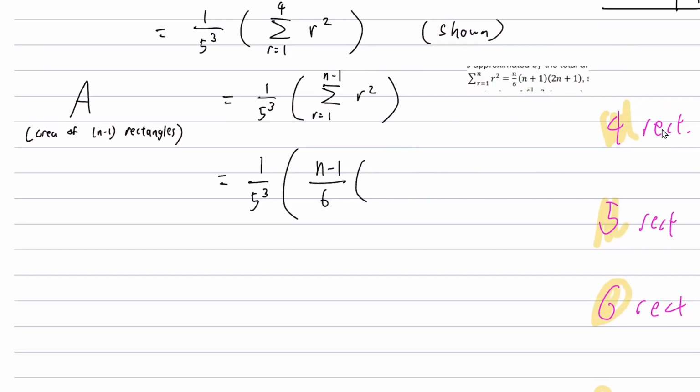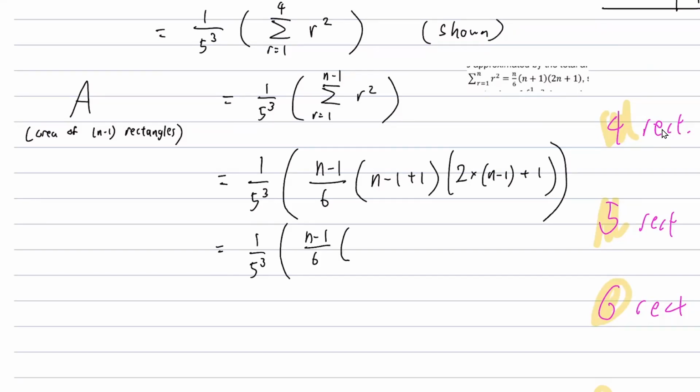So it's n minus 1 plus 1. So it's 2 times bracket n minus 1 plus 1. Close the bracket again. Then you simplify. This one, n minus 1 over 6, leave it alone. N minus 1 plus 1 is just n. 2 times n minus 1 is 2n minus 2 plus 1, which straight away simplifies to 2n minus 1.